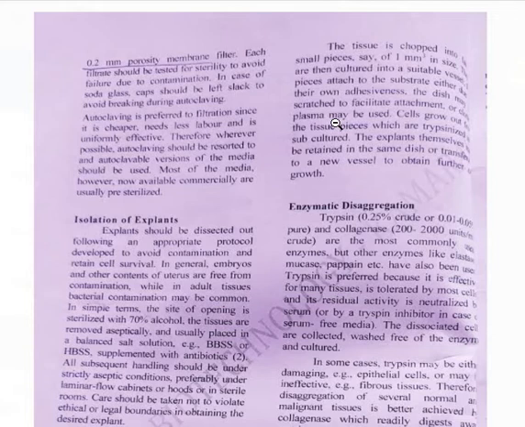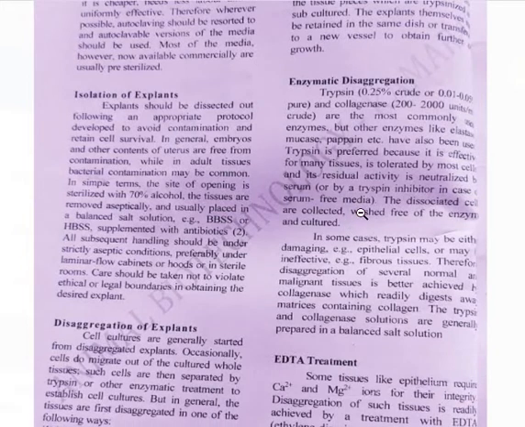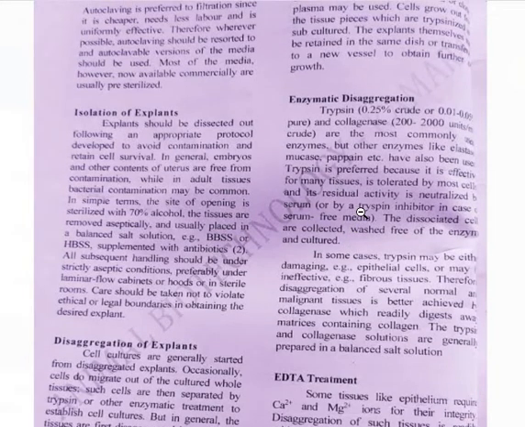The second method, enzymatic disaggregation, you can use trypsin. Trypsin 0.25 percent, crude or pure, and collagenase are the more commonly used enzymes for the enzymatic disaggregation method. Some enzymes like elastase, mucase, and papain can also be used.